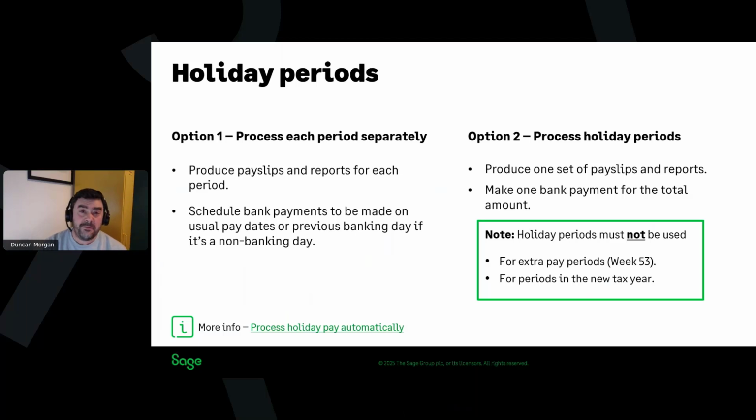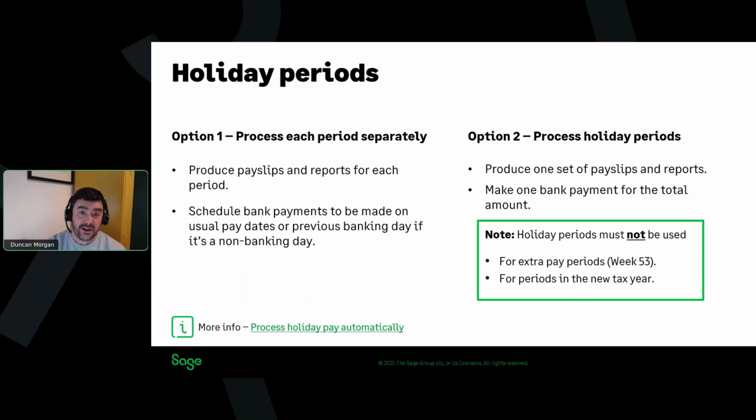When you set a holiday period, the main advantage is that you'll end up with a single set of reports covering the full payment that was due for those individual periods. And if you create bank files in payroll, your bank file will also contain the total net pay amount.